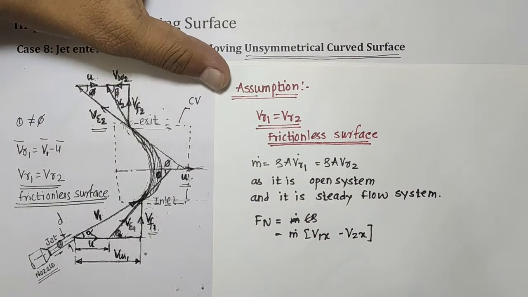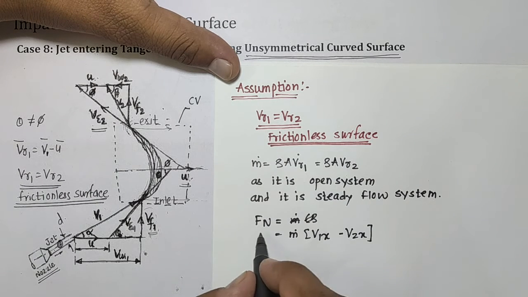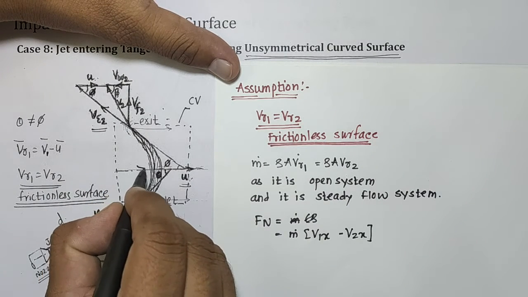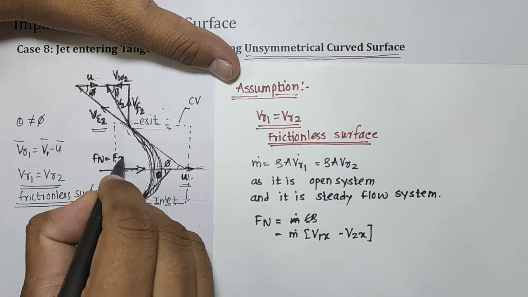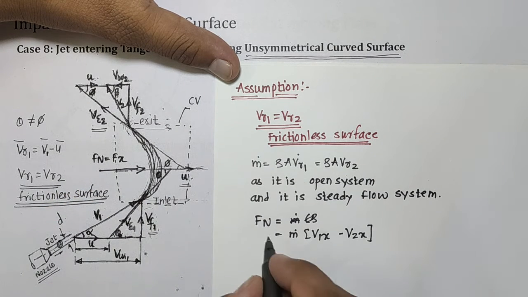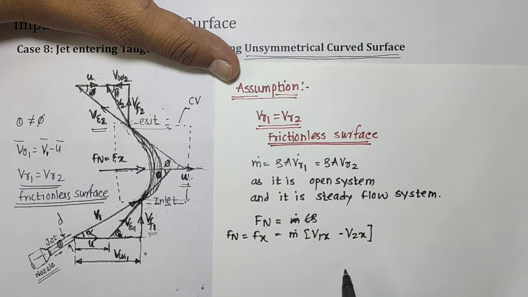Now these v1x and v2x are nothing but velocity components along the x direction. Normal force is basically this force. Fn in general has to be considered as Fx. So we will write that Fn is equal to Fx is equal to m dot (v1x minus v2x).